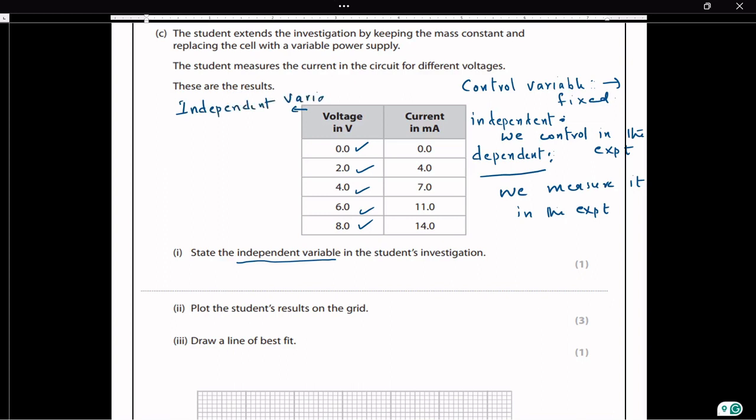In another way we can say the independent variable is what we vary in the experiment. You can use 'we control in the experiment', or if you are confused, you can use the other word, 'we vary'.